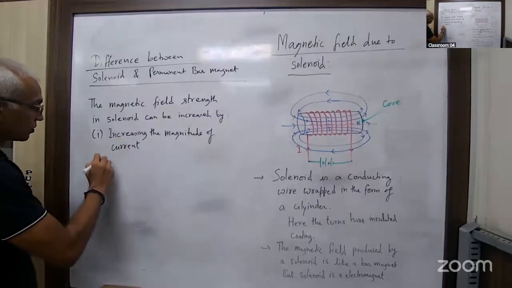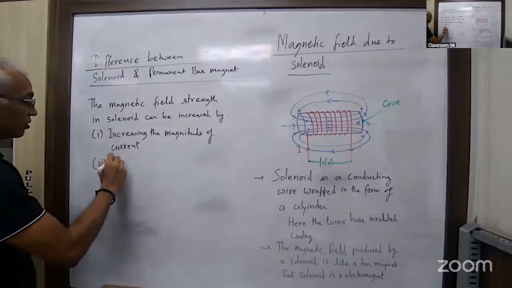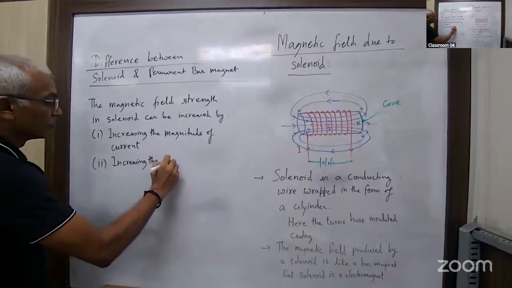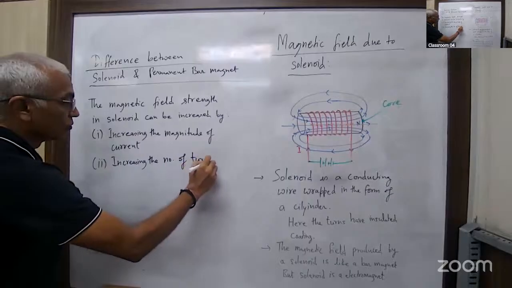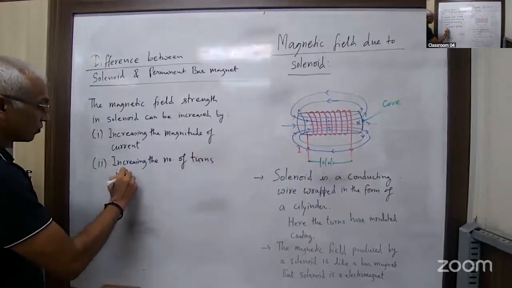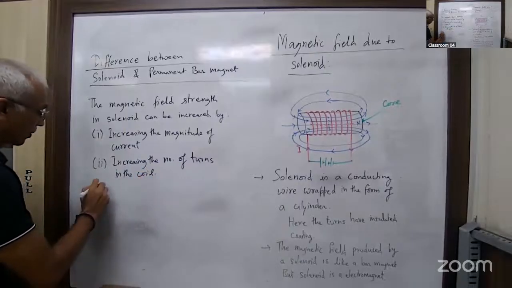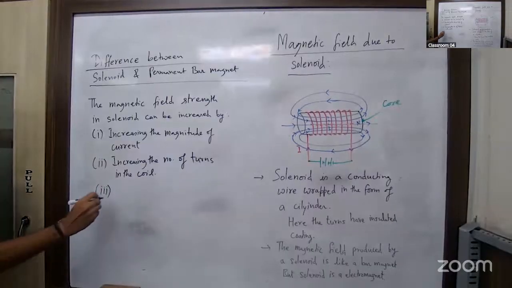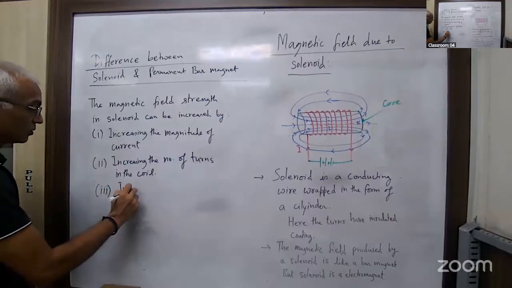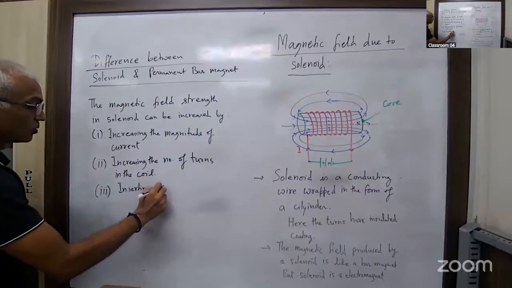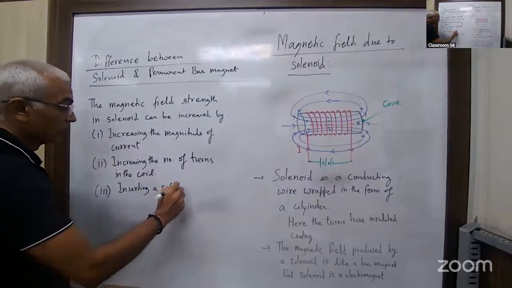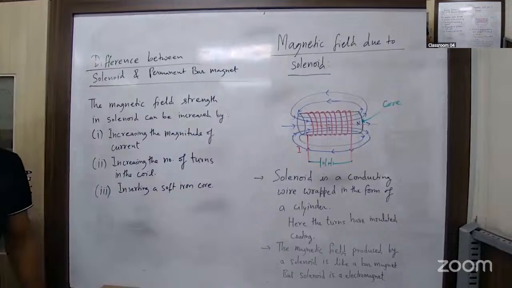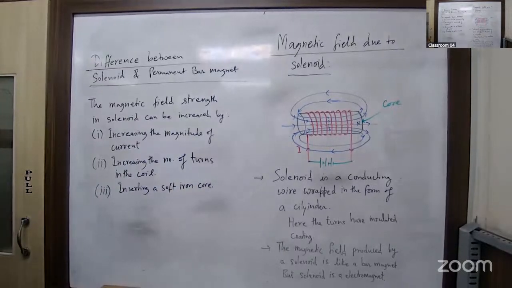What else? Increasing the number of turns, and inserting a soft iron core. These are some ways by which you can increase it.